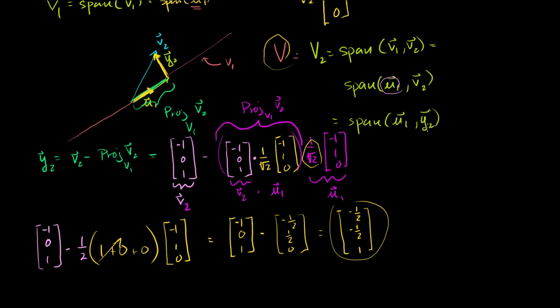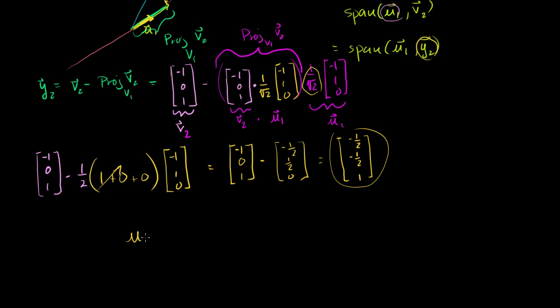But we don't have an orthonormal basis set. These guys are orthogonal with respect to each other, but this guy does not have length 1 yet. So to make it equal to length 1, let's define another vector u2 that's equal to 1 over the length of y2, times y2.